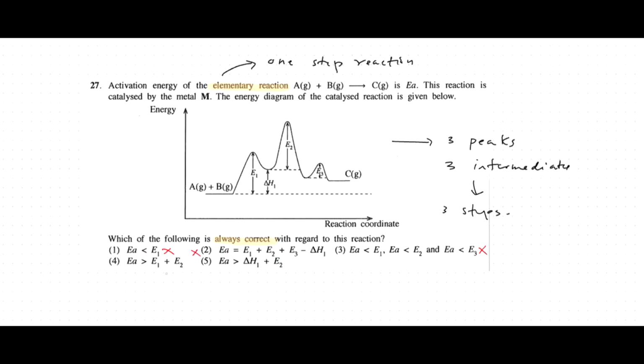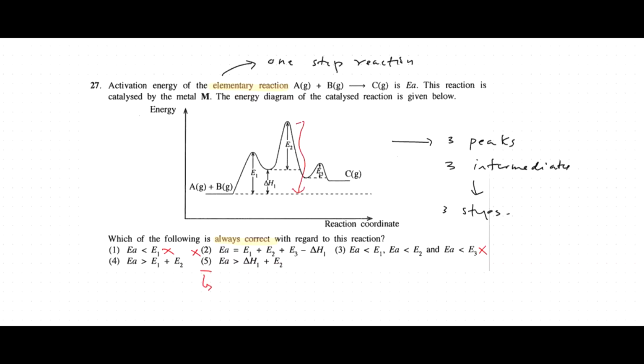Now let's come to the fourth one and the fifth one. Sometimes both might look correct, but if we go deeper, let's consider the fifth answer. It says EA is greater than delta H1 plus E2, which means this energy.